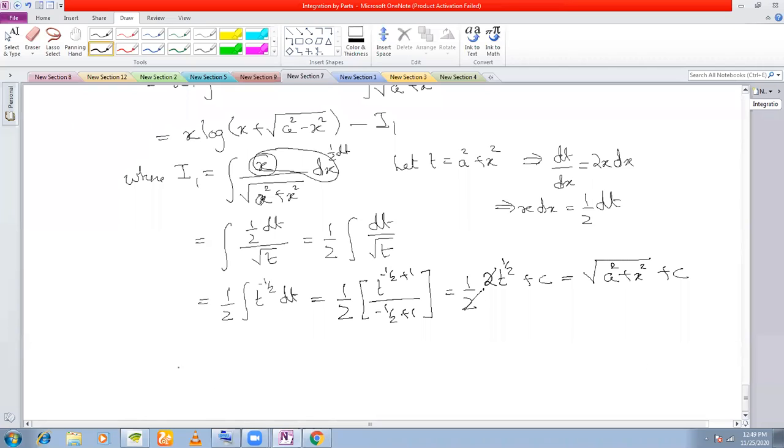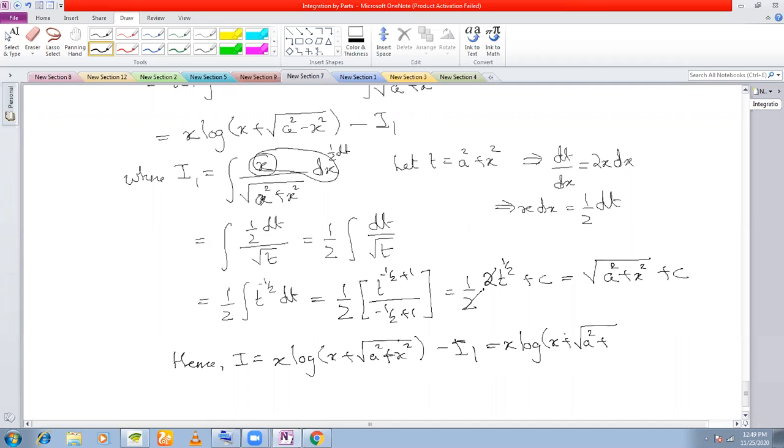So therefore, what is I? Hence, I is equal to x log (x plus root of a square plus x square) minus I1. And what is the value of I1 that we have got here? Root of a square plus x square plus c.